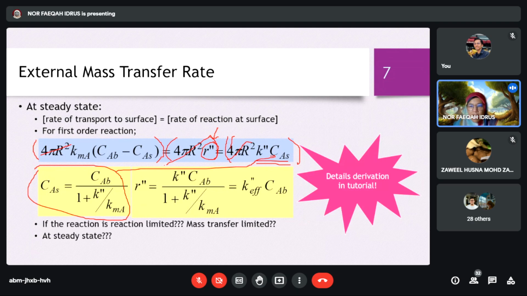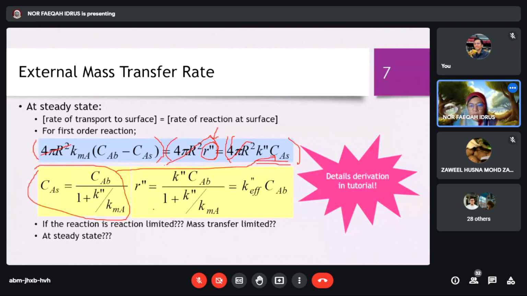This C_AS, replace it with this equation, and then we get the overall rate law r equal to k C_AB divided by the denominator 1 plus k over k_m.